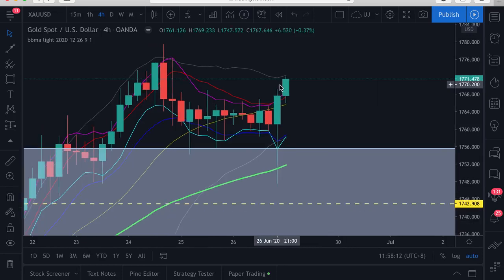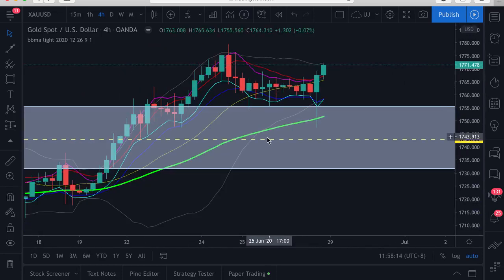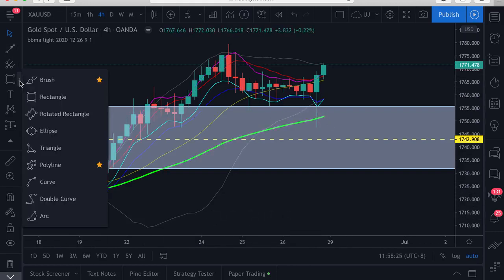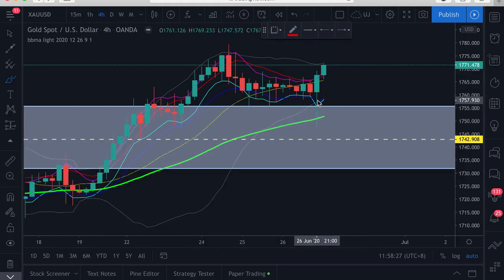Okay, MHV sell on H4, but this can be very deceiving because why? As you can see here, the EMA 50 is outside the Bollinger Band. So usually it will do something like this. Assume that this is the Bollinger Band.